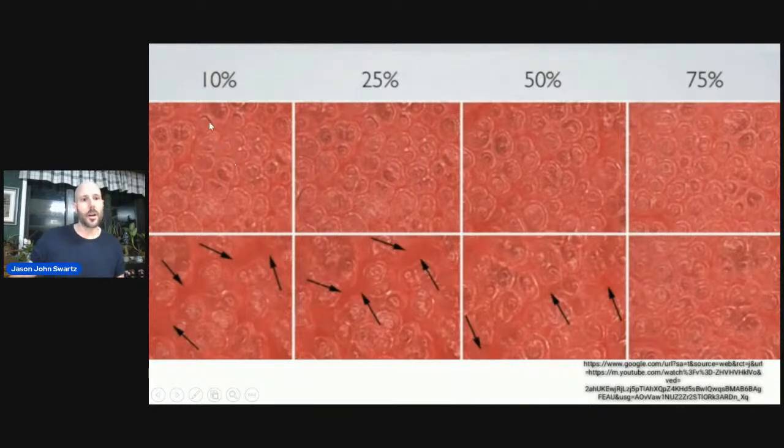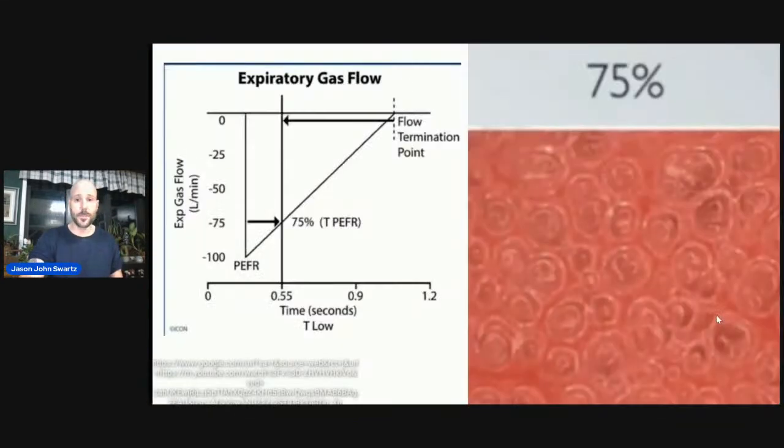If I allow the release to 10% of peak expiratory flow, you see the alveoli here are de-recruited. The lung is very unstable. You're going to have atelectic trauma. 25%, still issues. 50%, better, but still issues. 75% seems like the Goldilocks location, where between inspiration and expiration there is very little difference, and as it should be.